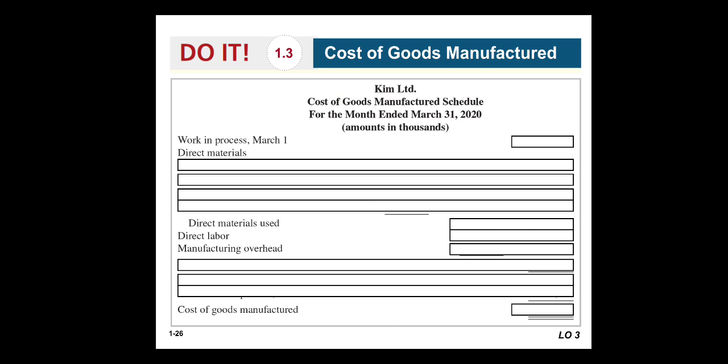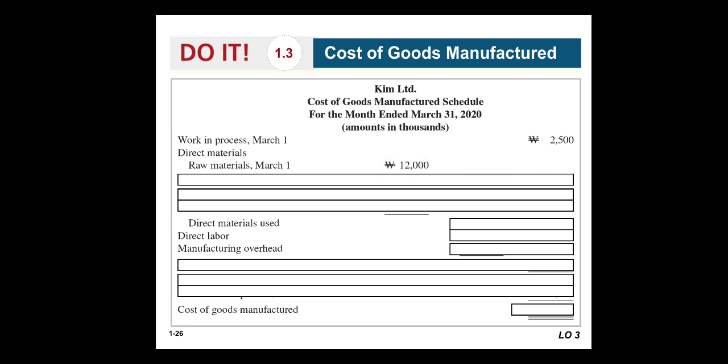You will get the direct material use, and then put the direct labor amount here, and then put the overhead cost amount in this blank space, and then calculate the total, and then minus the ending work in process inventory. After that, you will get the cost of goods manufactured for this business.